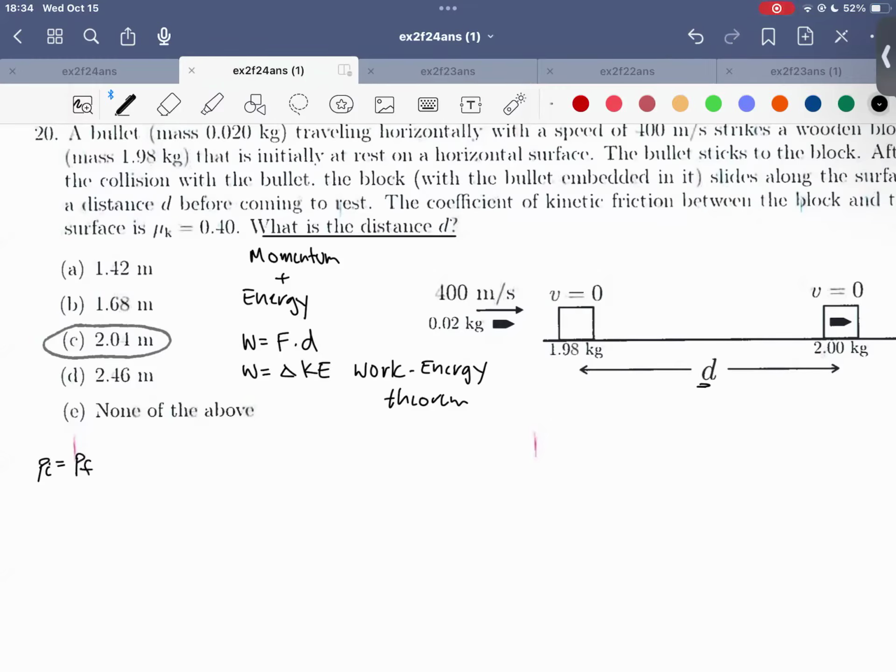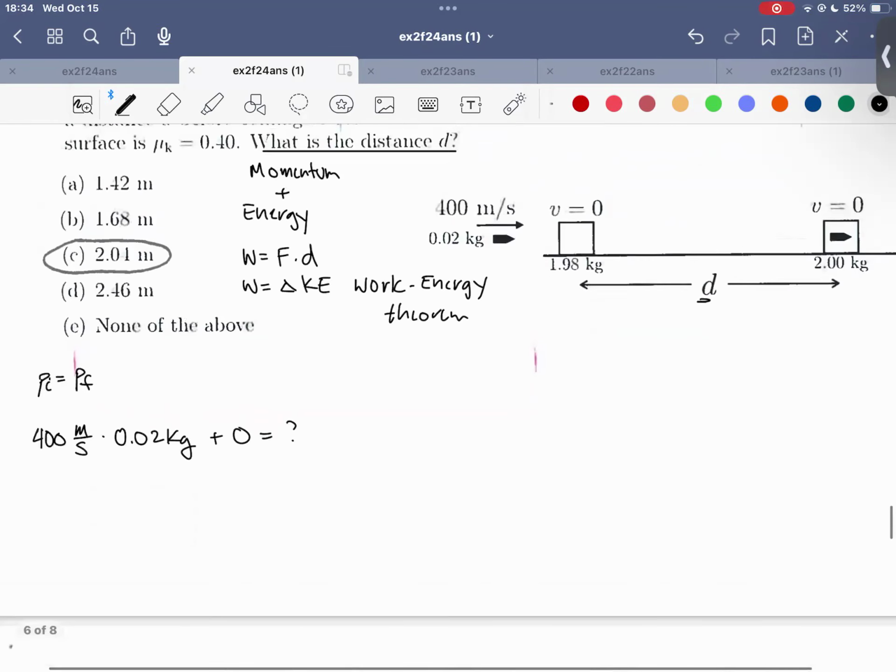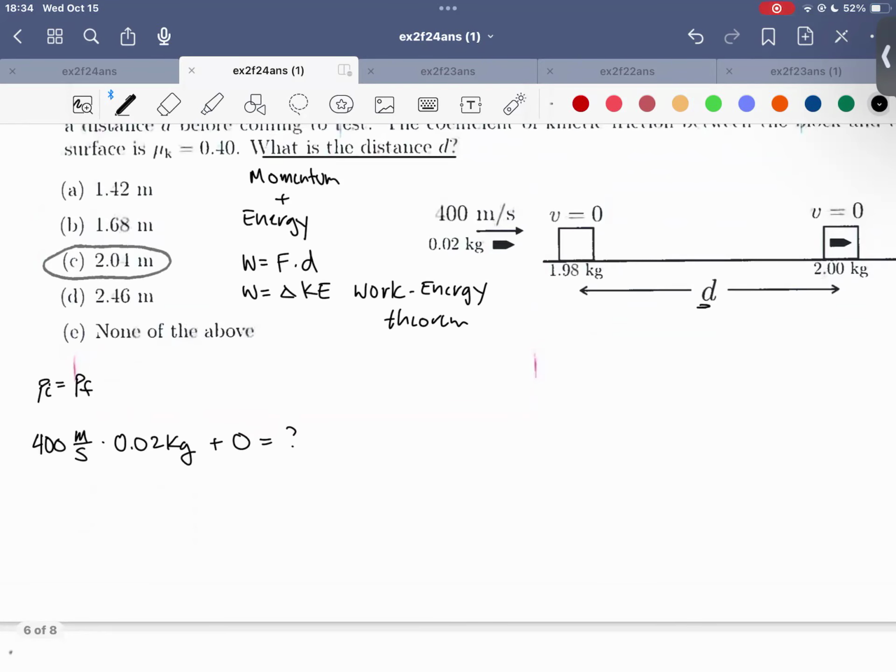So our momentum initial is 400 meters per second times 0.02 kg plus 0, and our momentum final is what we're solving for.